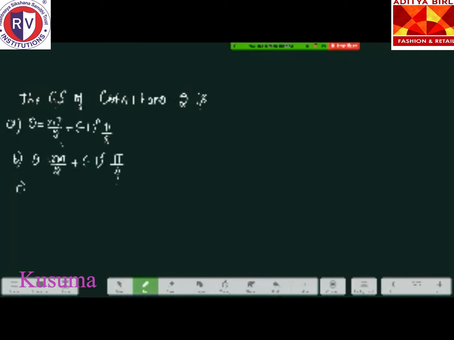Option C is theta is equal to n pi by 2 plus minus 1 to the power of n into pi by 6. Option D is theta is equal to n pi plus minus 1 to the power of n into pi by 8.